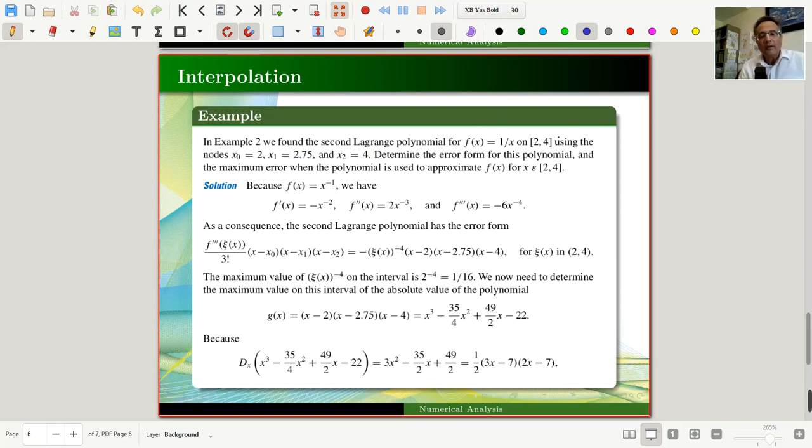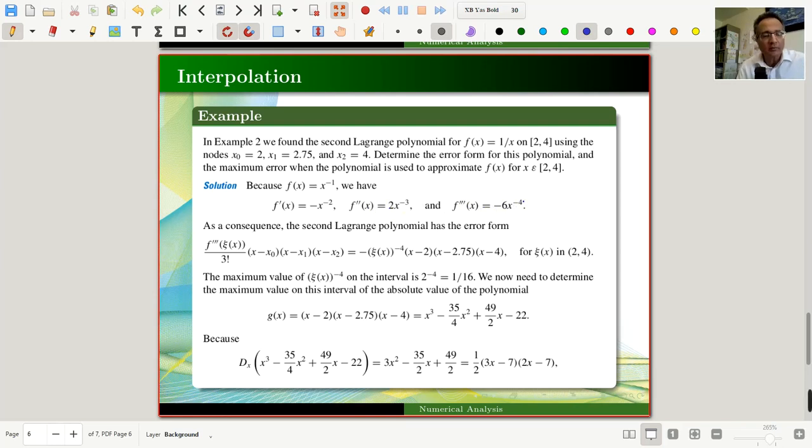Now we want to find an upper bound for this interpolating polynomial. We know that f of x equals 1 over x, so f prime of x is minus x to the power of minus 2, f double prime is 2x to the power of minus 3, and f triple prime is minus 6 x to the power of minus 4.